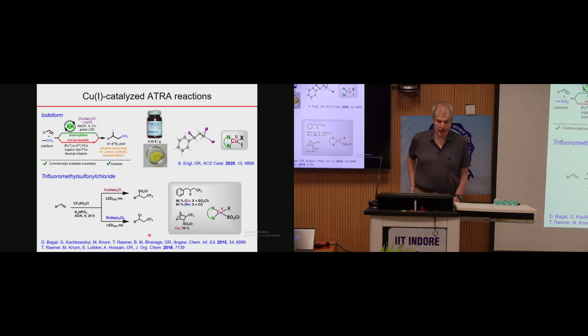I'll show another example, not just because I'm happy to present more examples, but because there was something very interesting we learned in this study. You see here we are also able to add iodoform across the double bond, and it's the same thing. With copper, it adds the iodoform and makes these highly iodinated compounds.